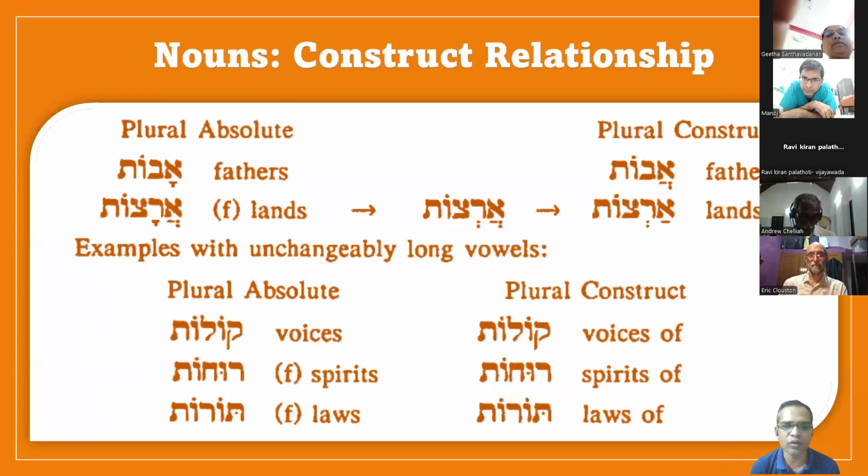There is a reason: in order to differentiate how it appears in the absolute state and how it appears in the construct state. This happens not for all the endings, especially when it comes to the Holam, Vav, and Tav.